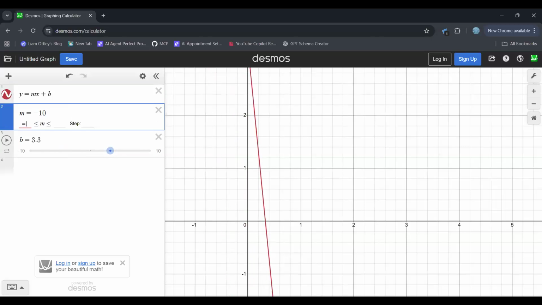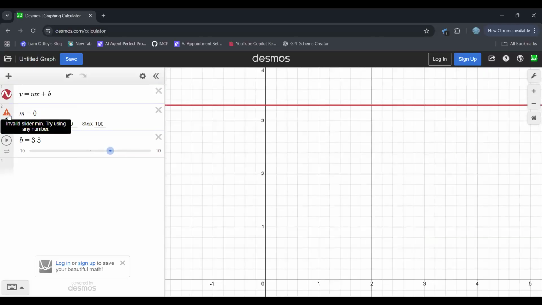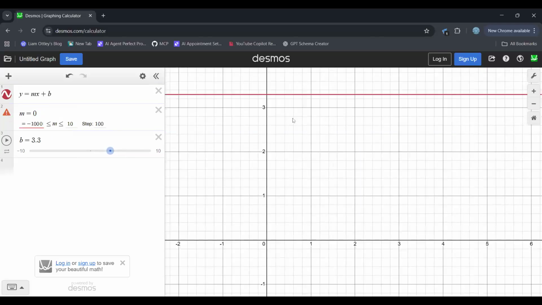No matter how low I drag this, let's say I set it to negative 100,000, okay? See, the line just disappears because it does not exist.